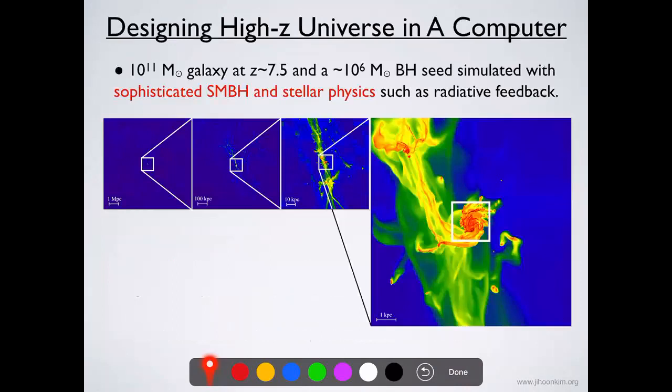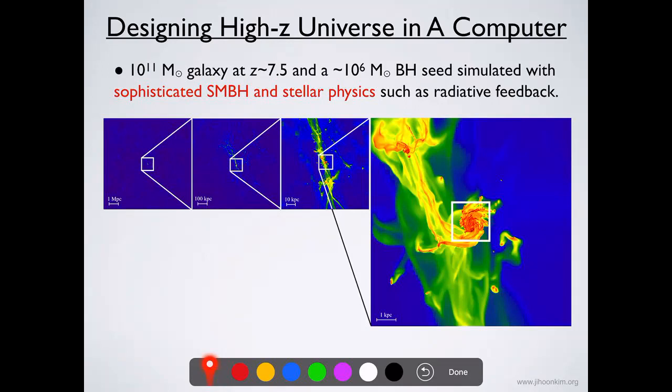So here's one example of what I did. We chose a really massive galaxy at high redshift in the universe created inside a computer. So this is a high-sigma peak, a really dense peak. Most of the other regions in this entire fake universe are doing nothing.